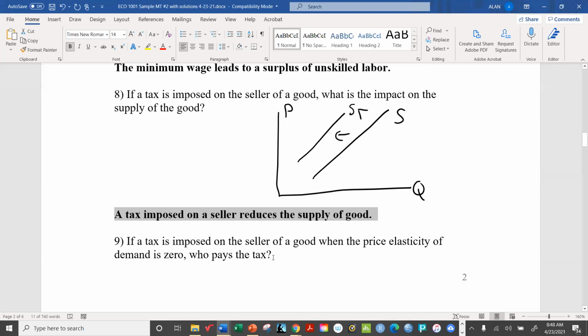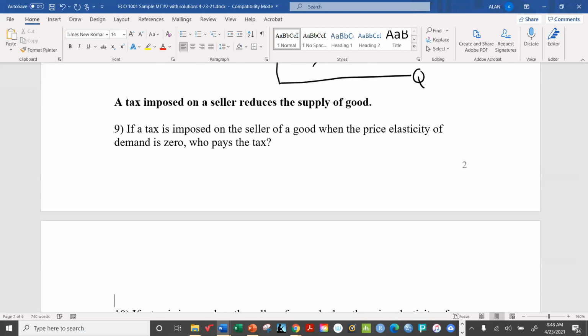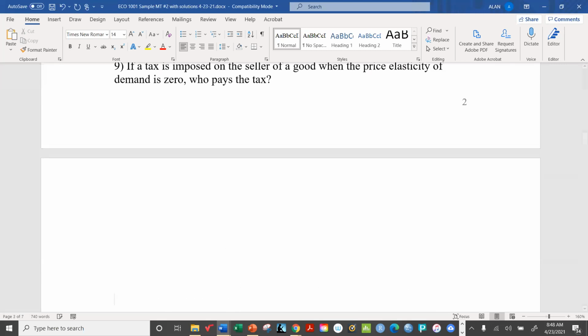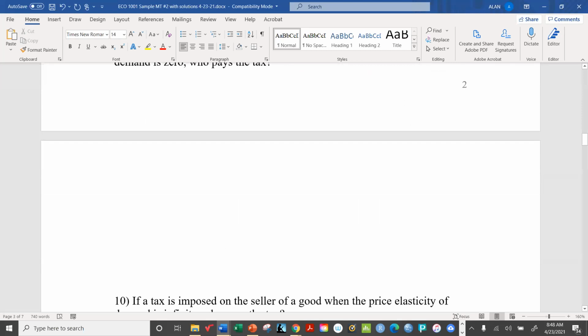Now, on the other hand, if this tax is imposed on the seller of a good when the price elasticity of demand is zero, this one requires a slightly more complicated graph. Remember what it means to have an elasticity of zero. That's the vertical demand curve. That means that whatever this product is, it's something that people need a fixed amount of.